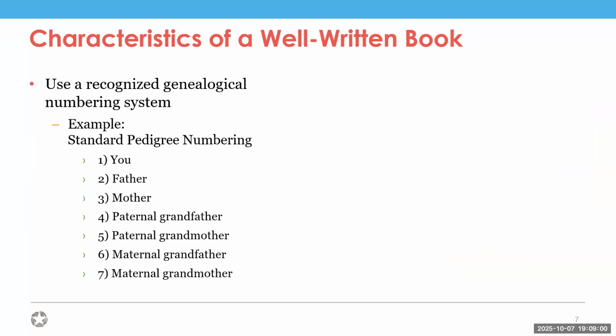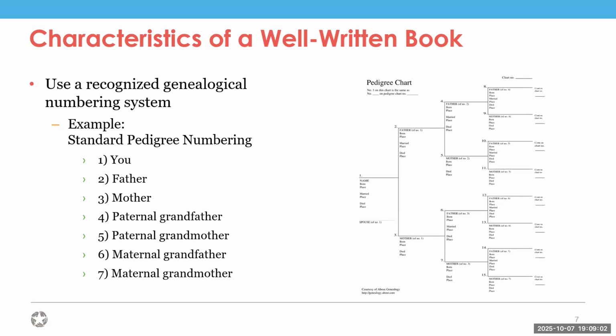Since we are writing a family book, using a recognized genealogical numbering system, for example, the standard pedigree numbering, is really important. So people will have a standard idea of how your family is laid out. Normally you will start as number one.